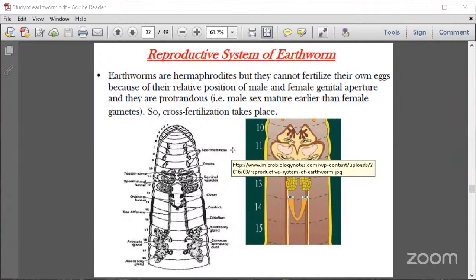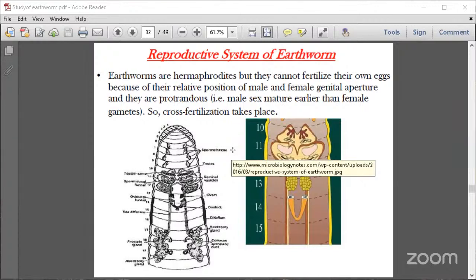But they cannot fertilize their own eggs because of the relative position of the male and female genital apertures, and they are protandrous, meaning the male sex matures earlier than the female gametes. So cross fertilization takes place.